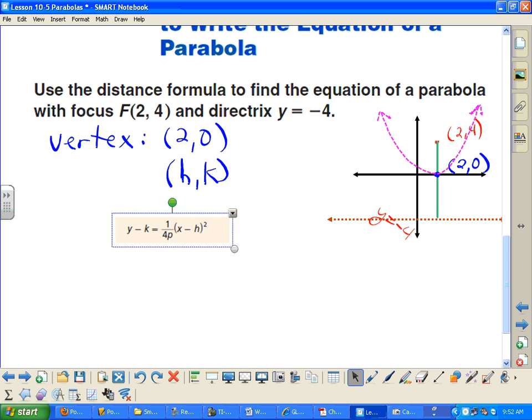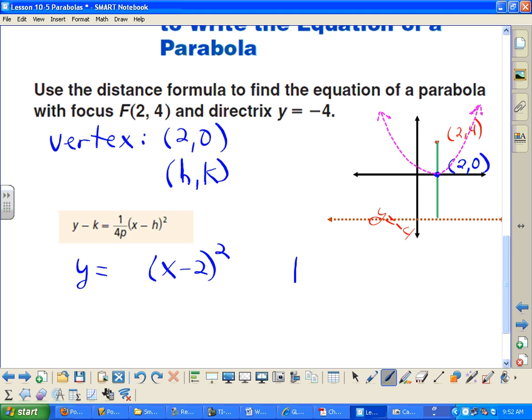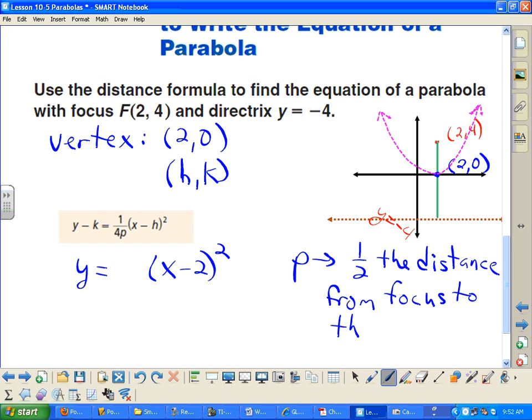So my equation is going to look like this. And we know that h is 2 and k is 0, so we have y equals, and we're going to have x minus 2, that quantity squared. What we don't know is the value of p. And p is half the distance from the focus to the directrix.